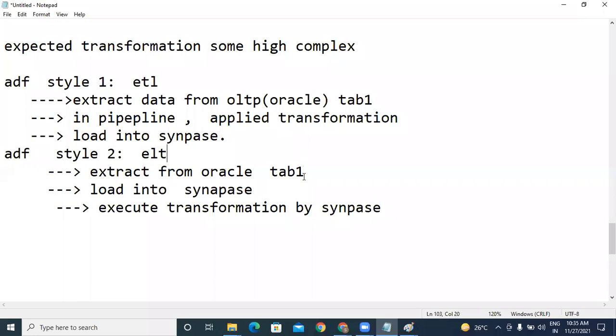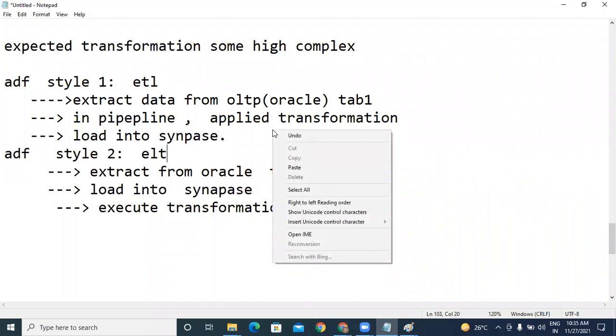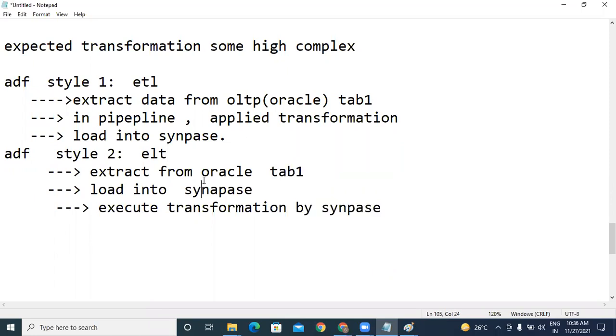This is style 2, and style 2 is ELT. Here, who performs the transformation? In the first case, the ADF engine. In the second case, who performed the transformation? Synapse.